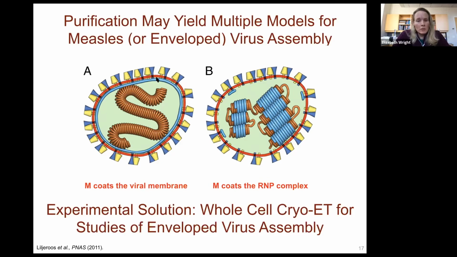Or do we think of the more canonical model where the matrix protein is coating underneath the lipid monolayer as what's actually happening with these viruses? And so our only experimental solution was to develop whole cell cryo-ET so that we could tease out what was the viable way that these viruses assemble and replicate and then infect the next host cell versus something that may be a disrupted structure.